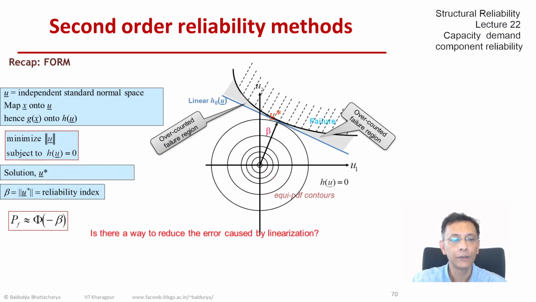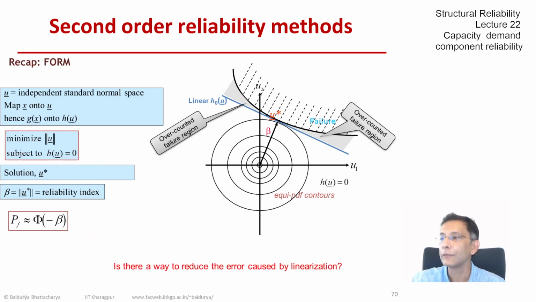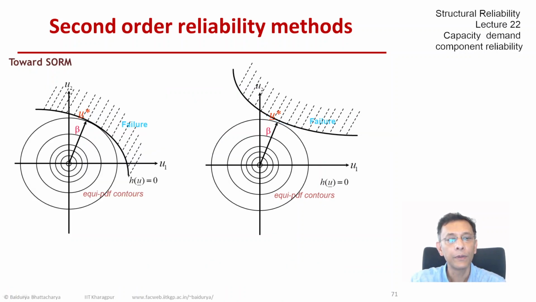So the question is, can we reduce this error? That's what we already mentioned at the beginning of this section. Putting all of this together, we have either a convex or a concave failure region, and we have the ability to find the minimum distance, but when we linearize, which we must do to estimate the failure probability, we either end up undercounting or overcounting.